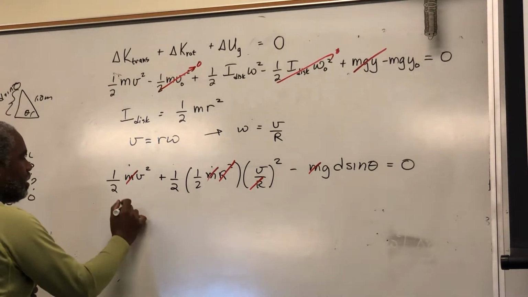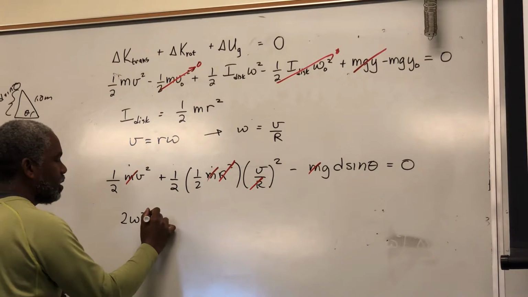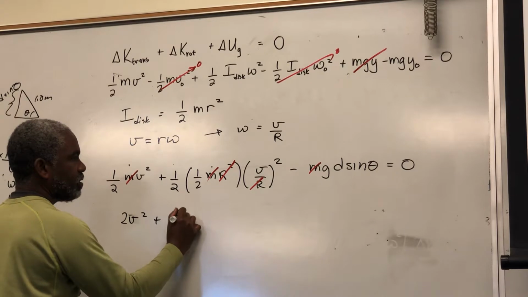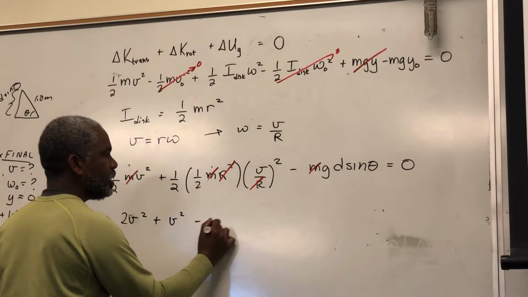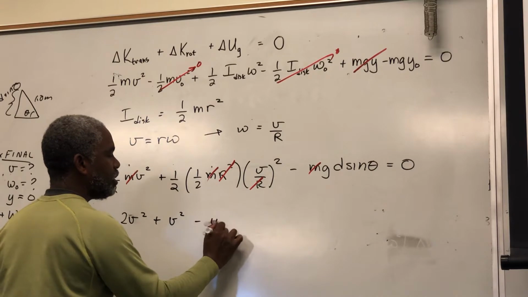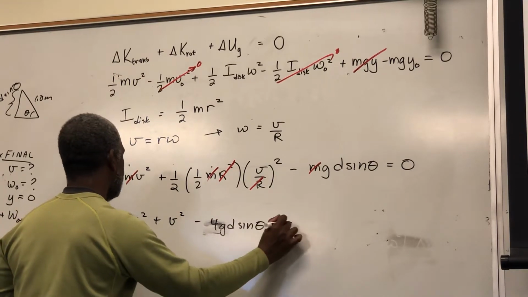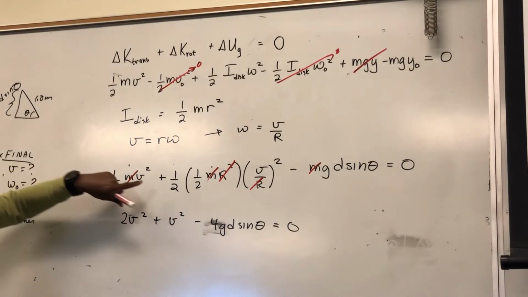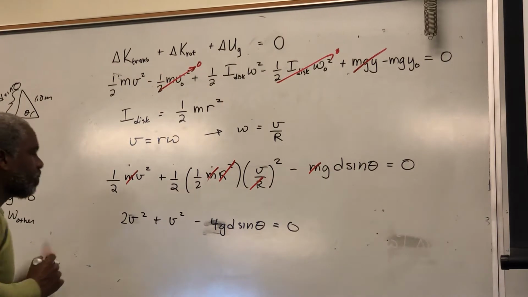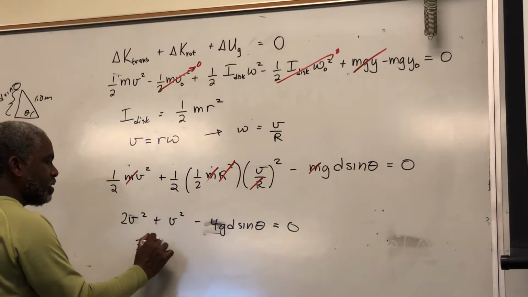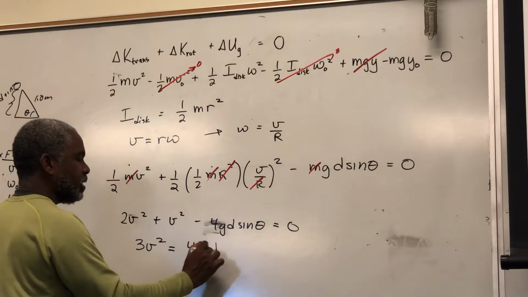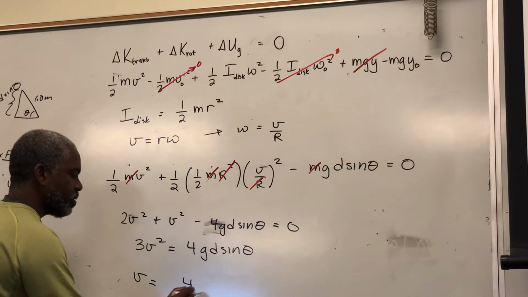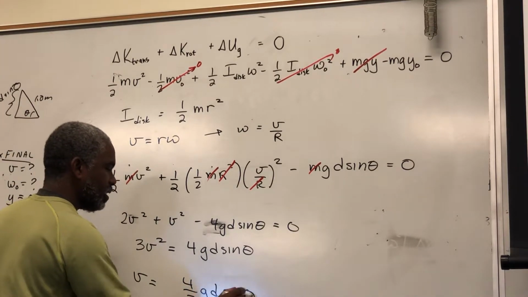So when I do that, this is 2v squared plus v squared minus 4 gd sine theta equals 0. All I did was multiply everything by 4 to get rid of this denominator here. So that is 3v squared is equal to 4gd sine theta. V is equal to the square root of 4/3 gd sine theta.